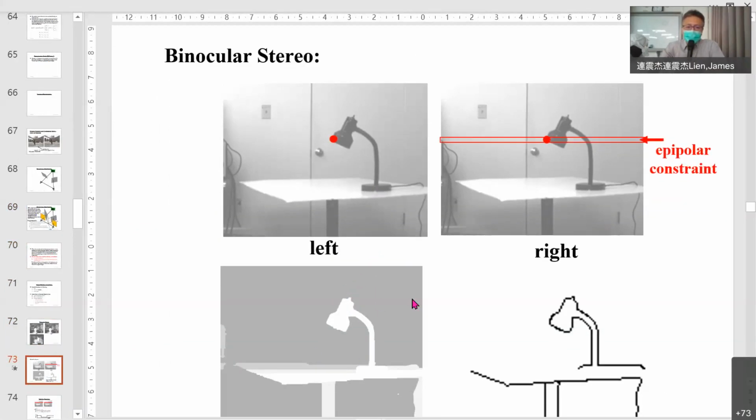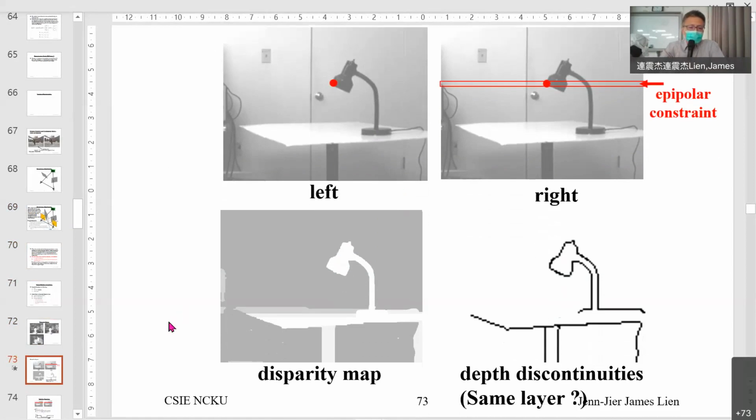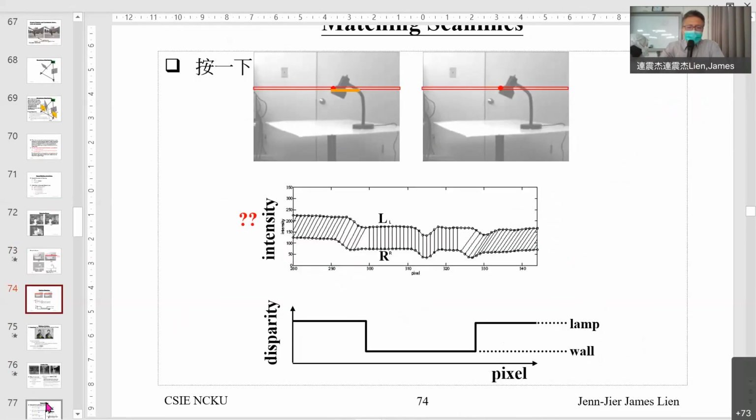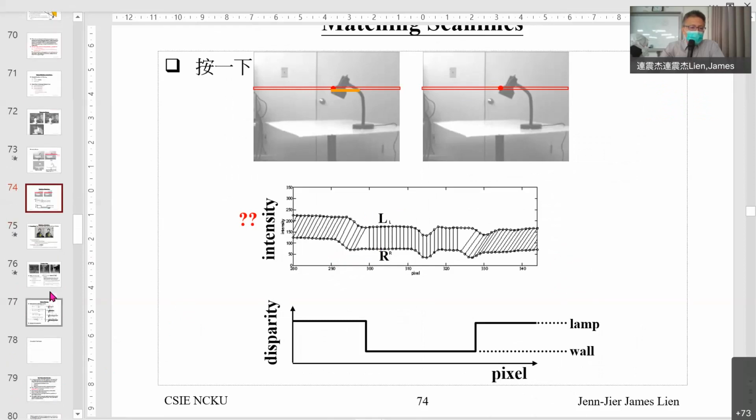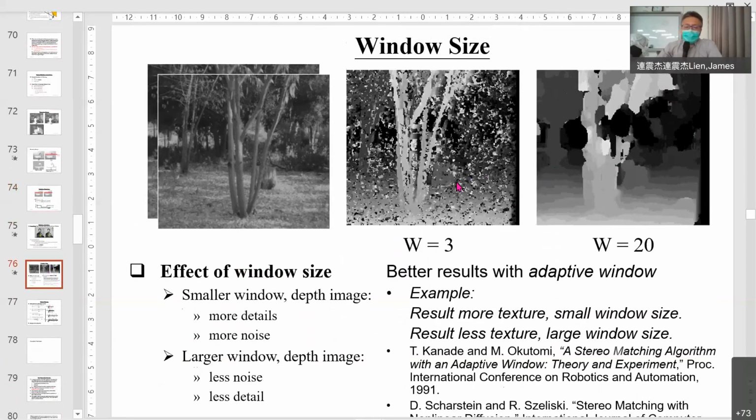This is the ground truth, not a stereo result. The other important thing is the window size.